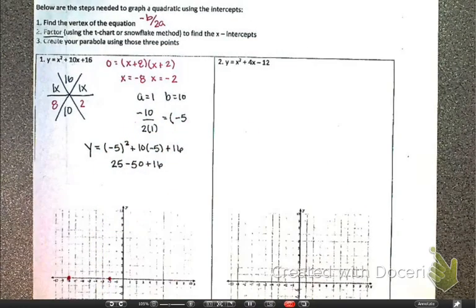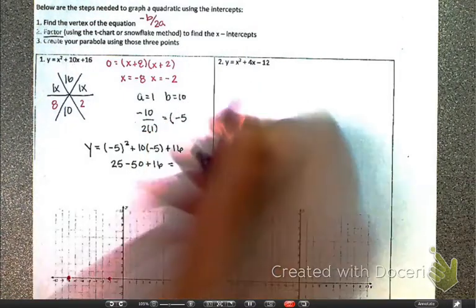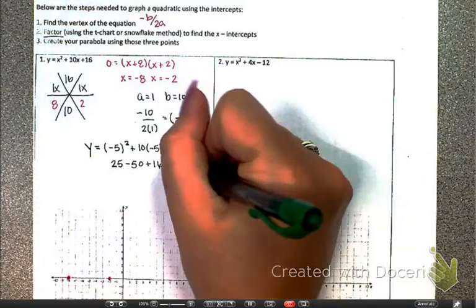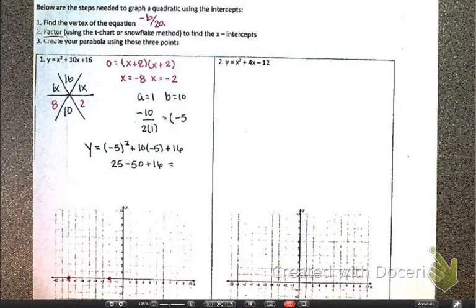What do you get when you plug that into a calculator? So it's 25 minus 50 plus 16. Negative 9.